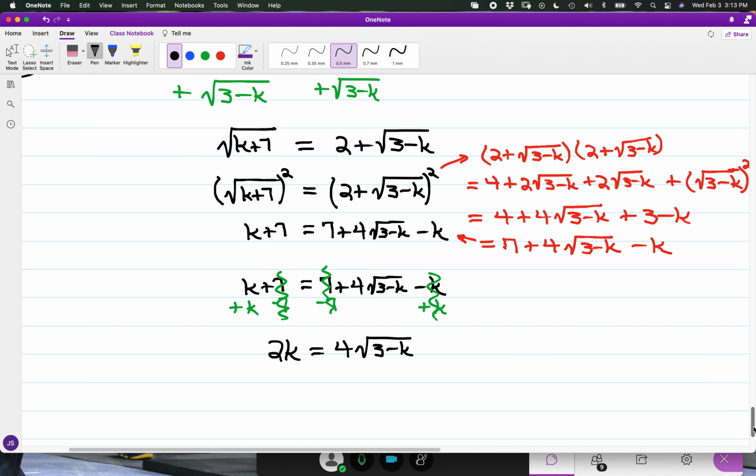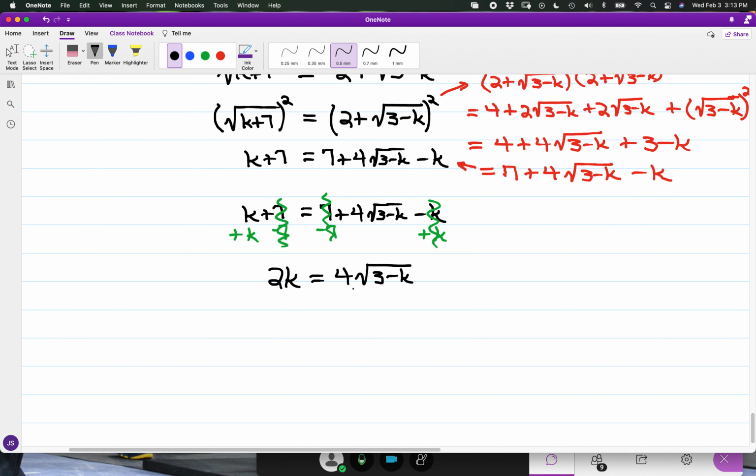And now in terms of following through, you can go ahead and square both sides, or you could divide by 4, having a fraction like k over 2 is equal to the square root of 3 minus k, or since we have even coefficients, just to simplify a little bit, you could divide also by 2.